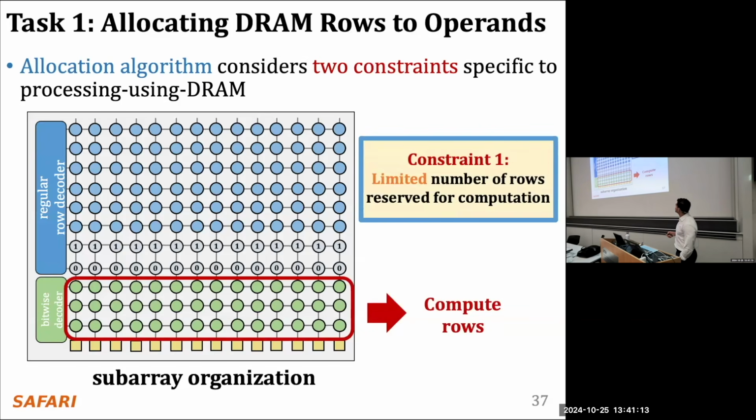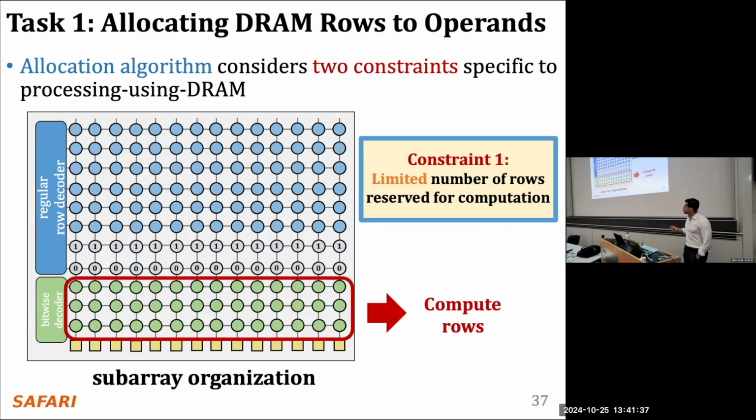So the first one is that in the Ambit design, if you recall, we take the DRAM subarray and we divide it into 3 groups of rows. The first one was the data rows. Those rows just store your data. Then some constant rows, so one row that stores all ones and another row that stores all zeros.